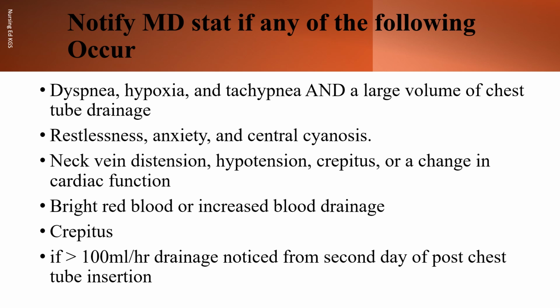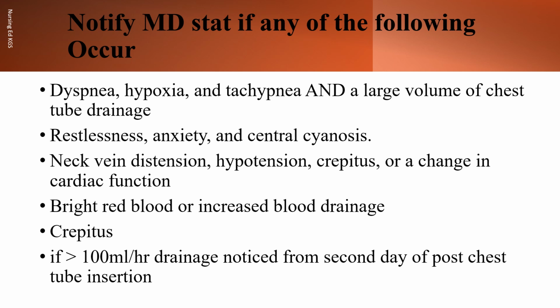As the primary nurse caring for a patient with a chest tube drainage system, it is very important that in monitoring your patient, you are notifying the physician immediately if any of the following occur. If your patient begins to have any dyspnea, hypoxia, or tachypnea associated with a large volume of chest tube drainage, this could indicate re-expansion pulmonary edema.